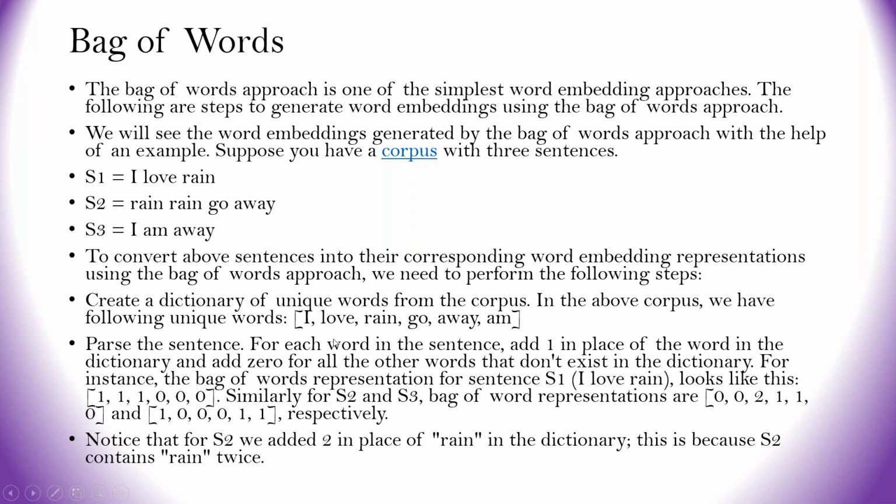So I, love and rain are going to be marked as 1. Go, away, am are not there in S1, so they are all marked as 0. Similarly for S2 and S3. So the bag of words representation looks like this, wherein the words are converted into numbers. This is one of the simplest word embeddings, where we convert a word into a vector.